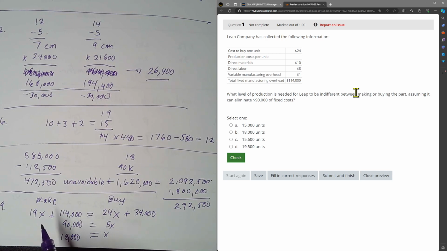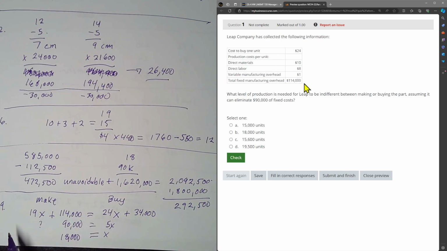So how do we do this? Let's read through it. It's actually a simple algebra question. Since the indifference point is where the make costs and the buy costs are the same, we can set up an algebra equation. On the make side, variable costs of $10, 8, and 1, so 19, times some level of production, this is our unknown, plus $114,000.